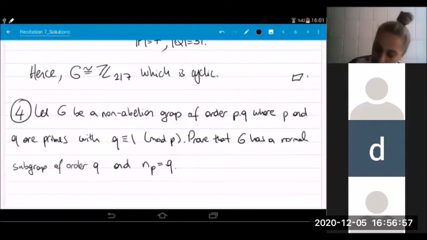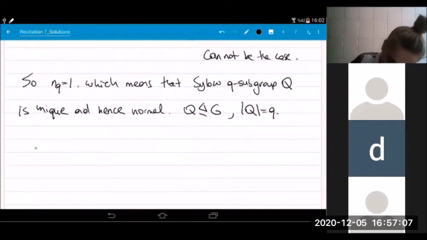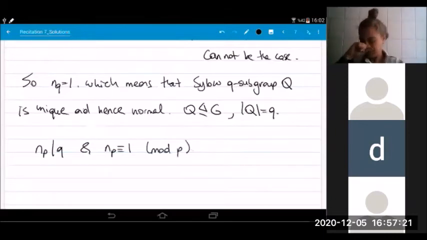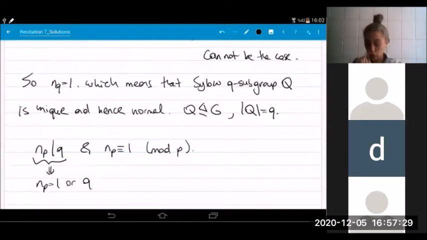What about the second part? N_P is Q. This means that there are Q different Sylow P subgroups. For the second part, N_P has to divide Q, and N_P has to be 1 modulo P. We have two possibilities: N_P is equal to 1 or N_P is equal to Q. But why is it not 1?